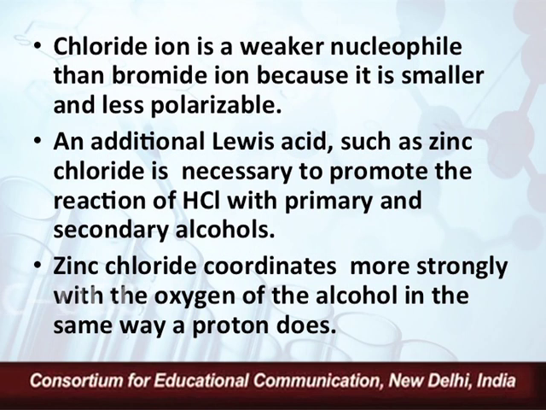An additional Lewis acid such as zinc chloride is necessary to promote the reaction of HCl with primary and secondary alcohols, since zinc chloride is a strong Lewis acid. Zinc chloride coordinates more strongly with the oxygen of the alcohol in the same way as a proton does.